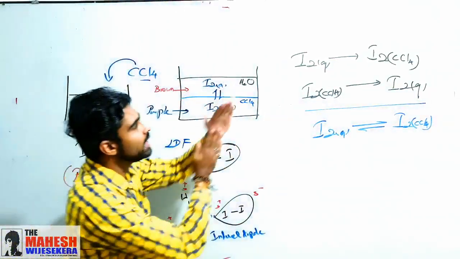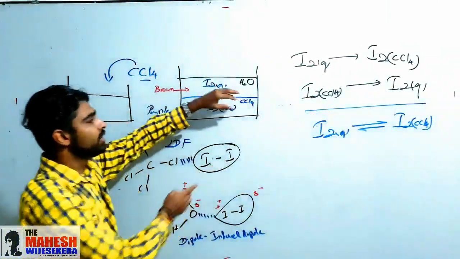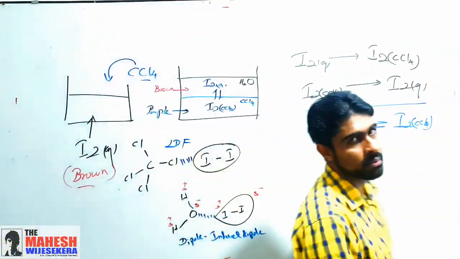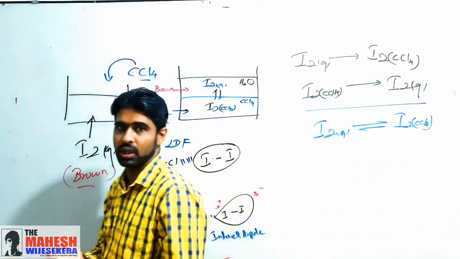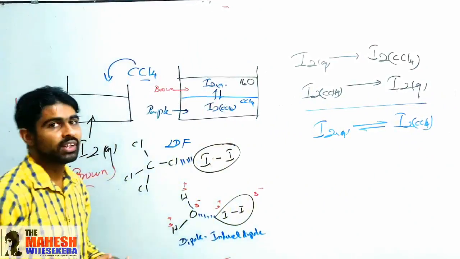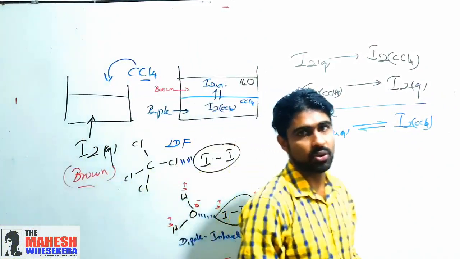Having an equilibrium of a solute between two immiscible solvents is called phase equilibrium, homogeneous phase equilibrium.